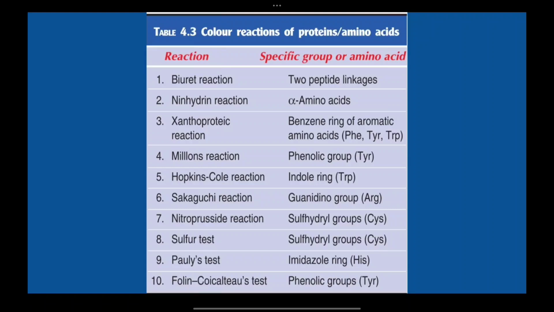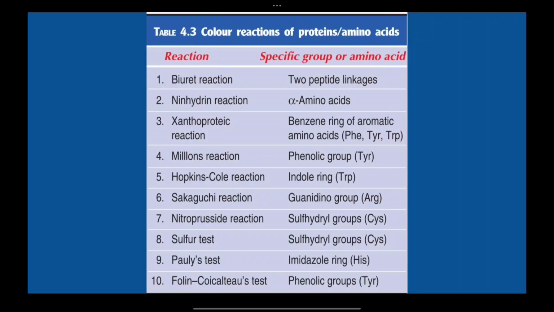Similarly, there are different reactions that are done to obtain the specific type of amino acid or group of amino acids present. The biuret reaction is for 2 peptide linkages between amino acids. Then the hydrogen reaction is used to determine the alpha amino acids that are present. The xanthoproteic reaction is for the benzene ring of aromatic amino acids.